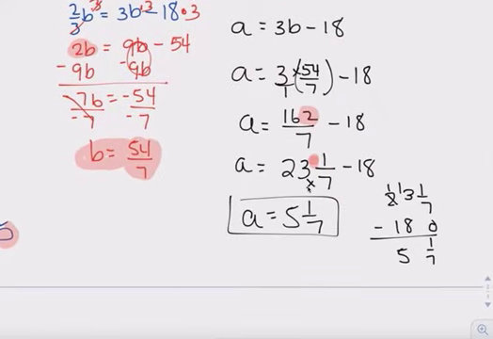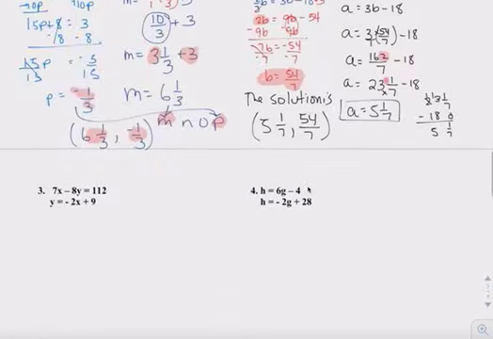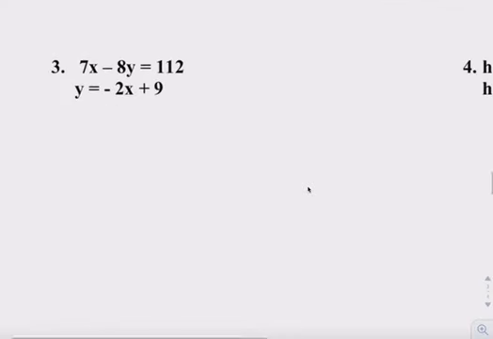So the solution, where the intersection is, is 5 and 1/7, or 54 over 7.